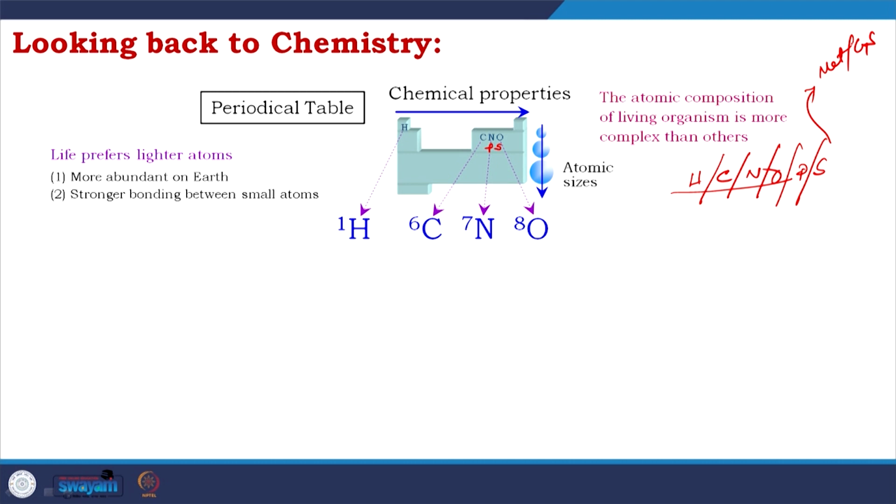Phosphorus is not there, but it also comes in as a post translational modification. What does that mean? Once the protein is synthesized and folded, there are enzymes that modify the protein. There are different types of post translational modifications.